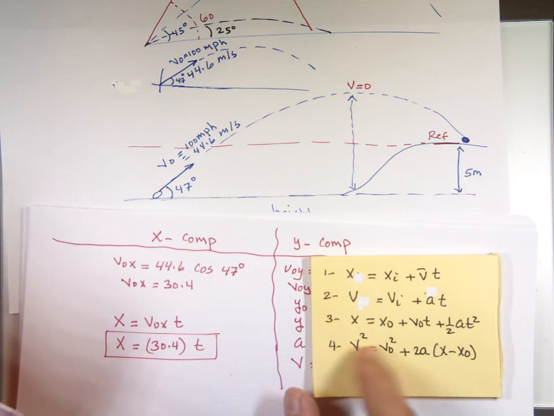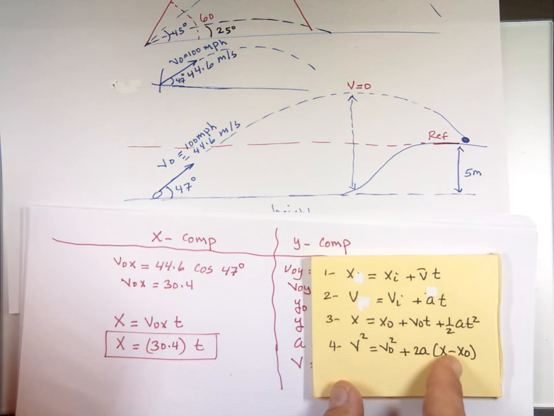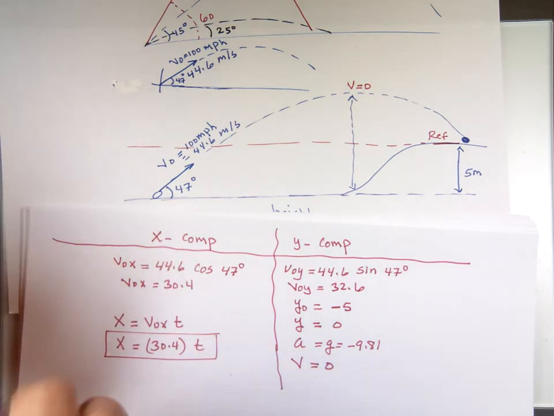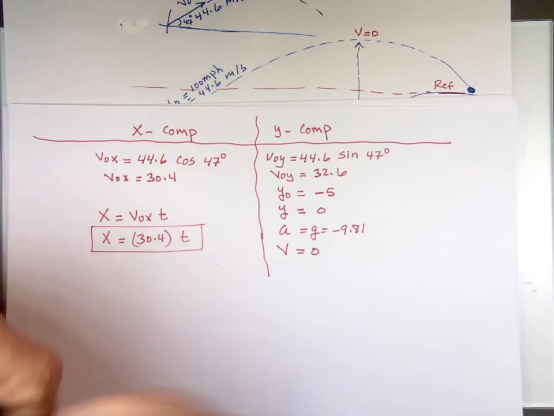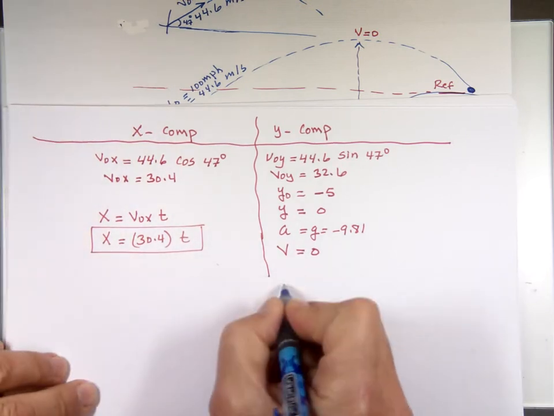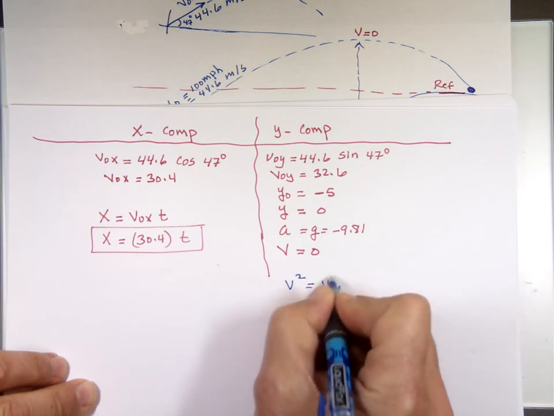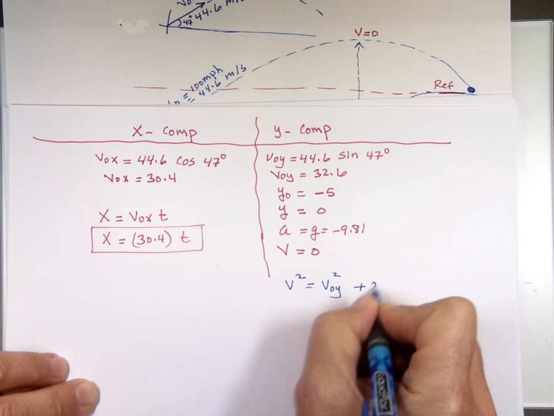I can find out the change in height. So I'll go v squared equals v0 in the y direction squared plus 2 times g times y minus y sub 0.